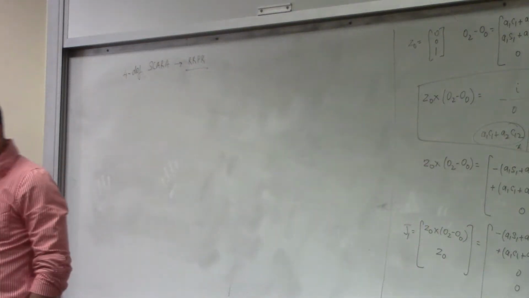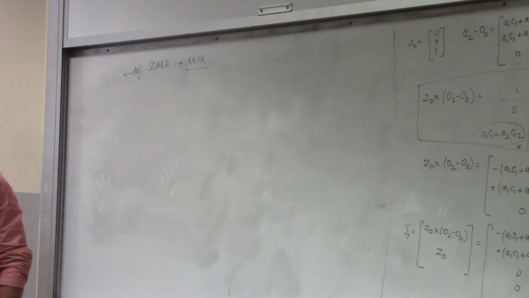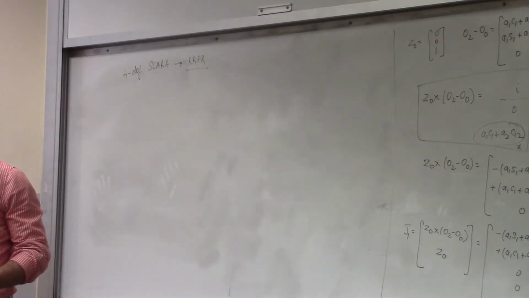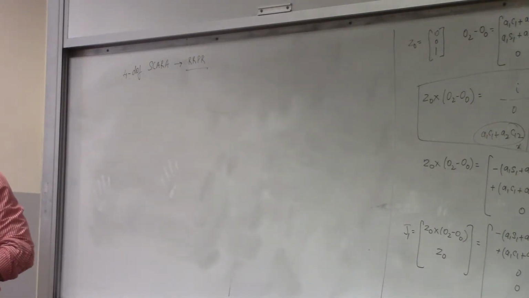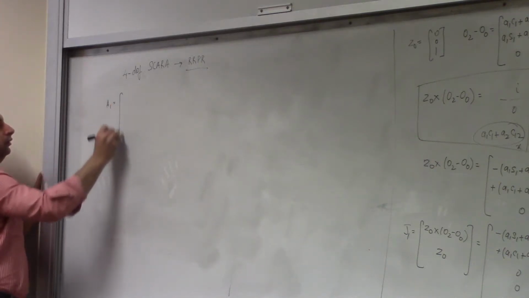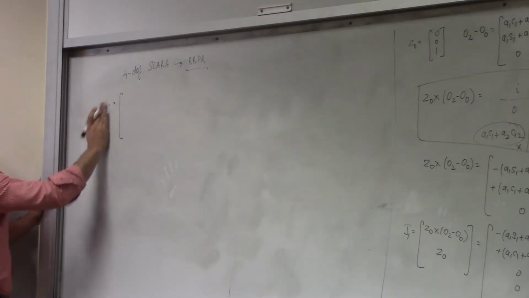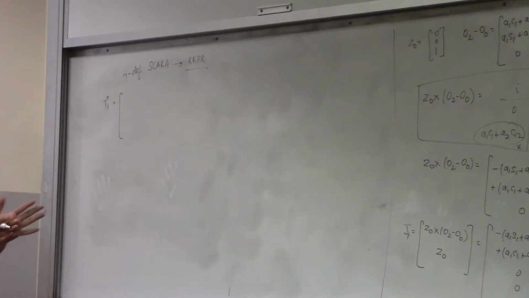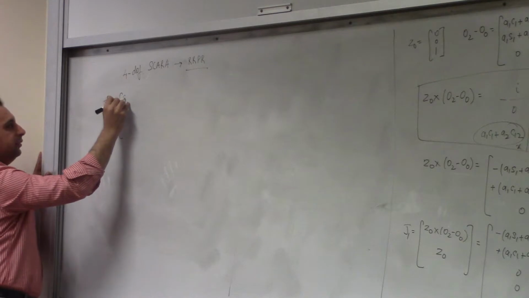So I'll give you the P matrices here. Okay. All right, so A1 is this, or A1 is nothing but T01, exactly the same as the previous one.